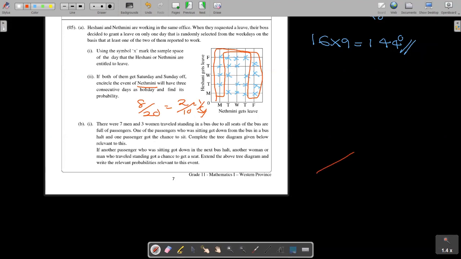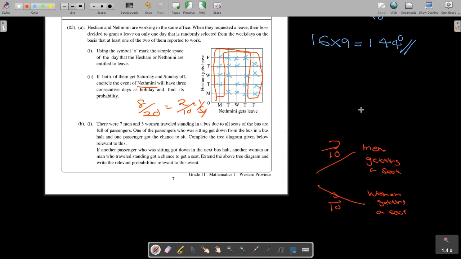So there are 2 men getting a seat, women getting a seat. So men is 7 over 10. Here 3 over 10. Right.